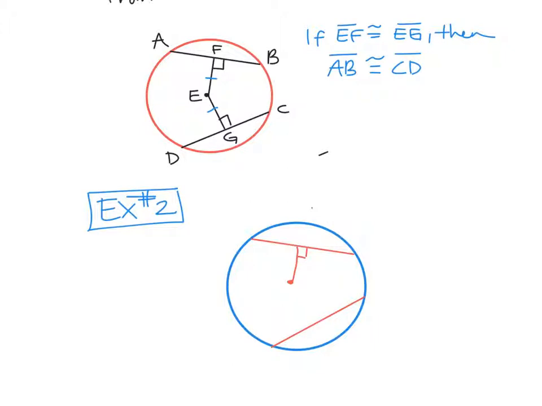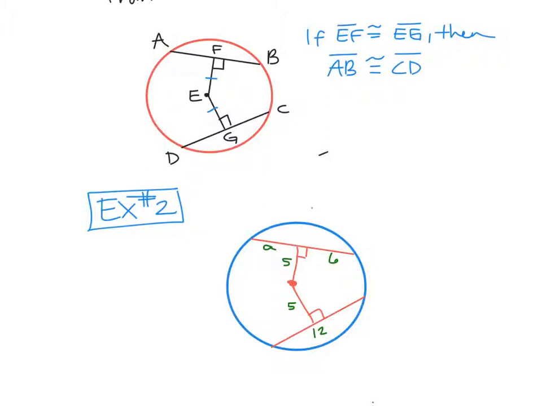A segment here and a segment here. And here's what we know. This has a length of A, a length of 6, a length of 5, a length of 5, and a length of 12.